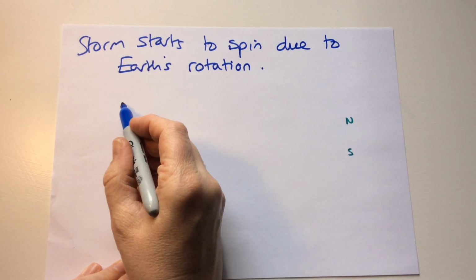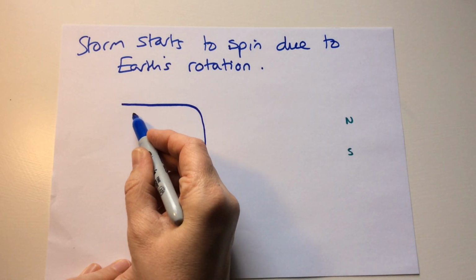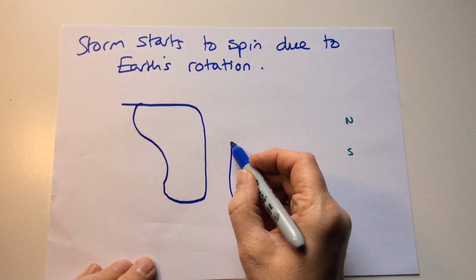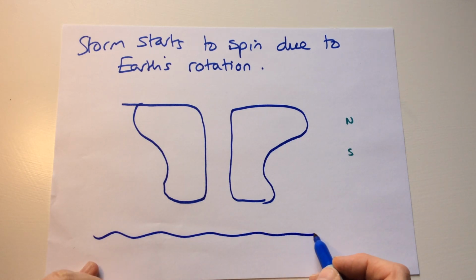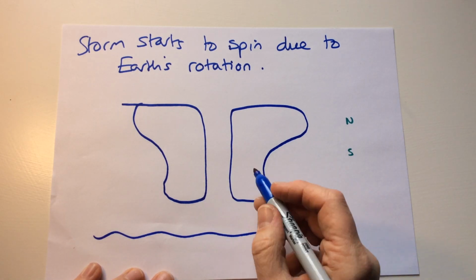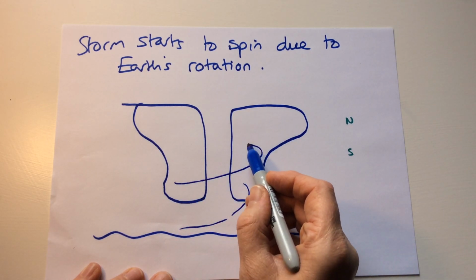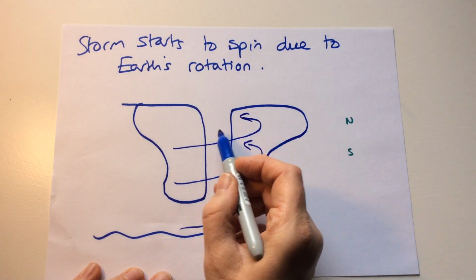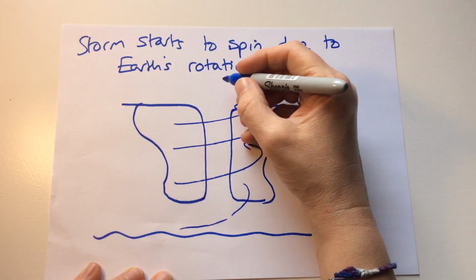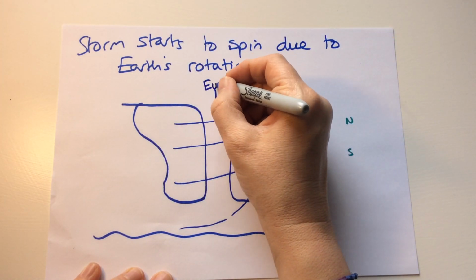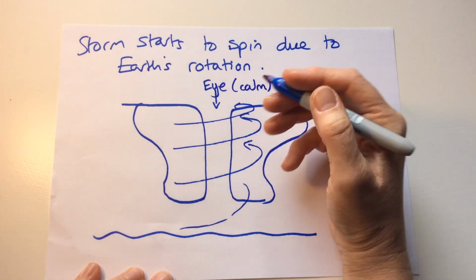So you have these large storms form. Like what I'm drawing now is great big towering thunderstorms. There's your ocean. There's your rising air, so the air's rising up, and it's kind of rising in a sort of spinning way. Okay, so this whole system is spinning around. Now the bit in the middle is called the eye, and the eye is calm, and it has blue sky.